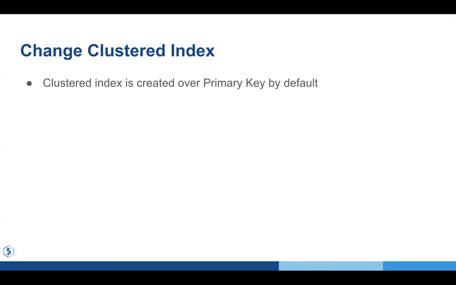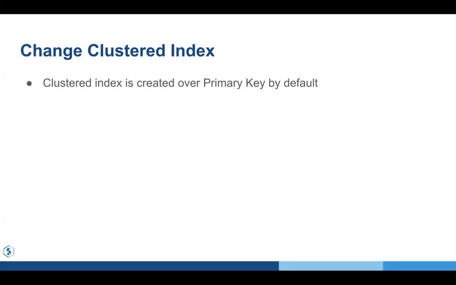So we can probably change the cluster index on Azure, but we are restricted by our data types. If our cluster index is on an integer column, we can just modify it to another one that is also an integer.